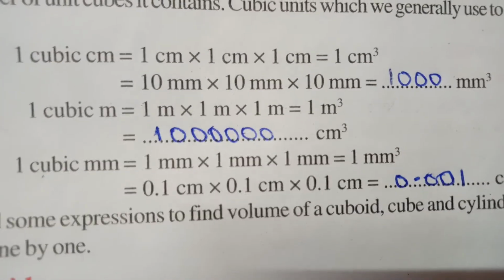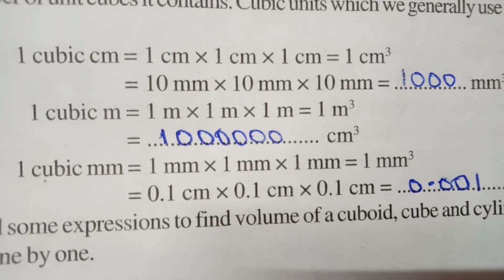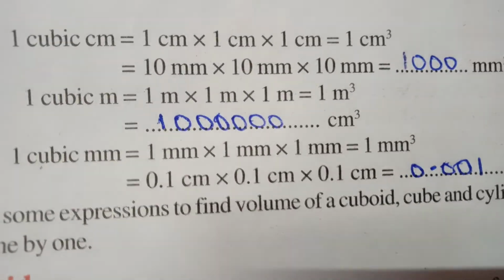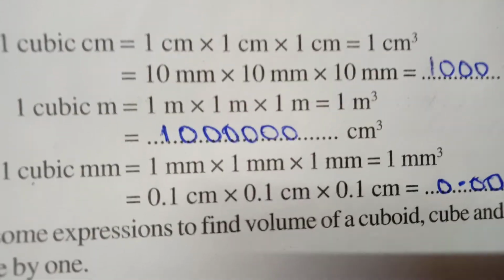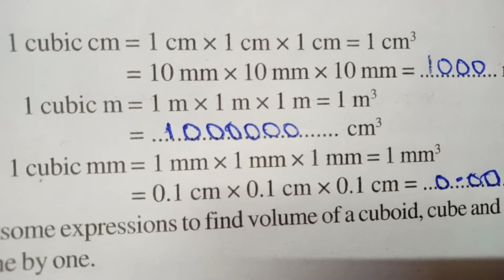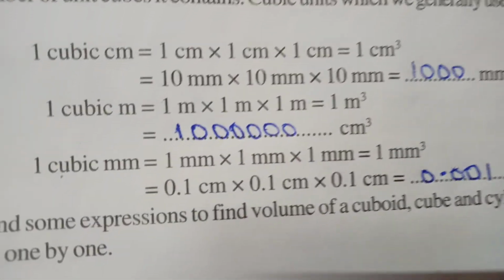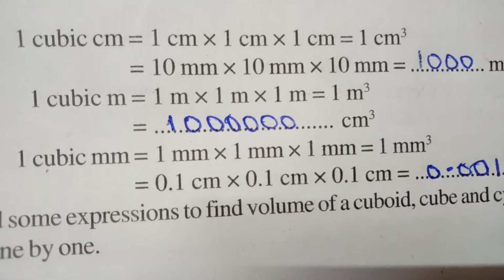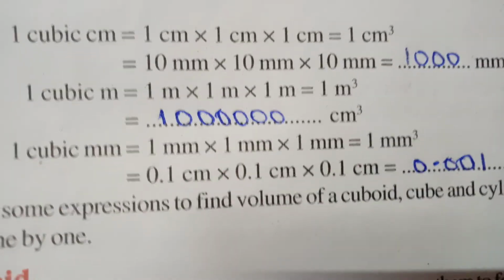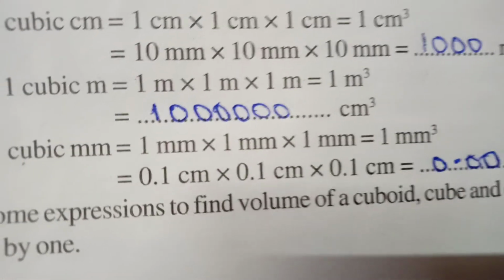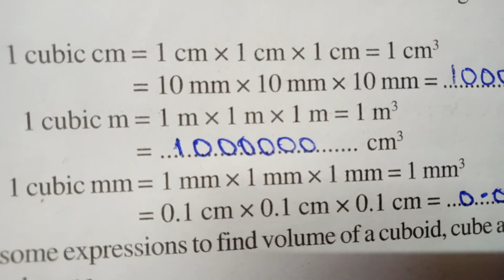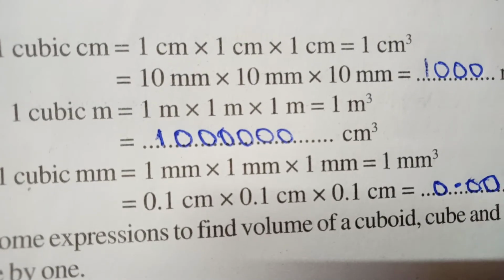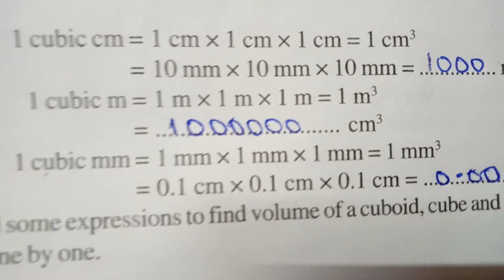1 cubic centimeter is 1 centimeter into 1 centimeter into 1 centimeter, which is 1 centimeter cube. Since 1 centimeter is equal to 10 millimeters, that is 1000 millimeter cube. 1 cubic meter is 1 meter into 1 meter into 1 meter, which is 1 meter cube. Converting into centimeters, 1 meter is 100 centimeters, so 100 into 100 into 100 is 10 lakh centimeter cube.